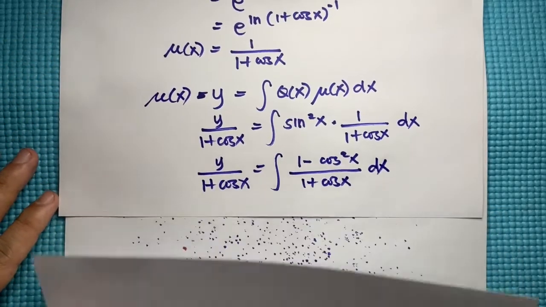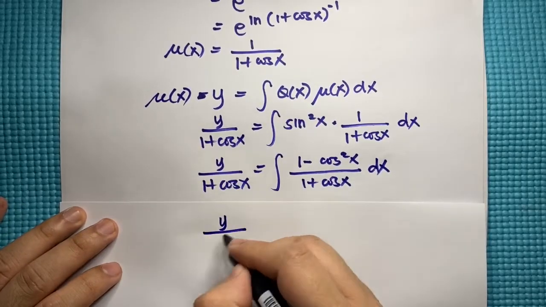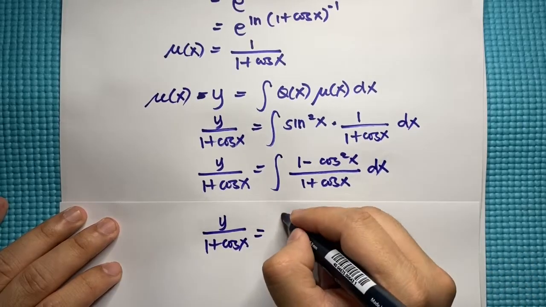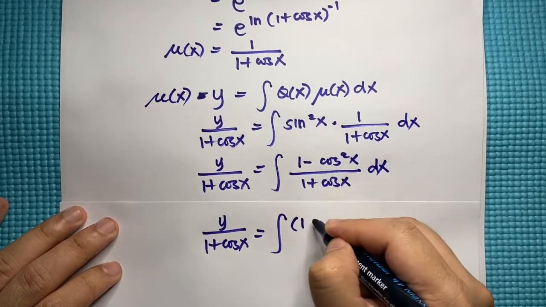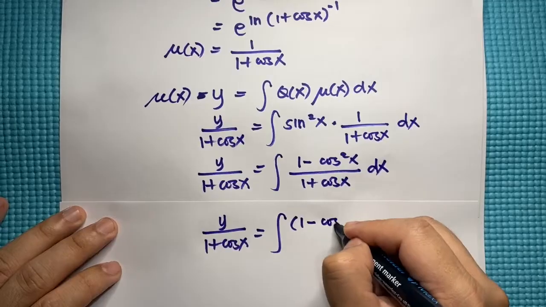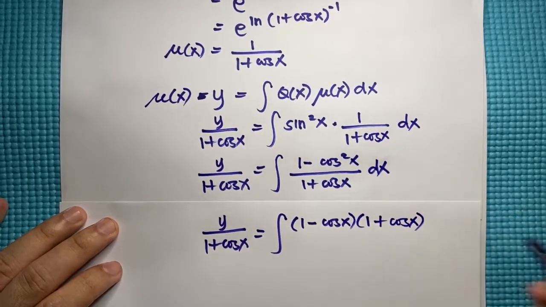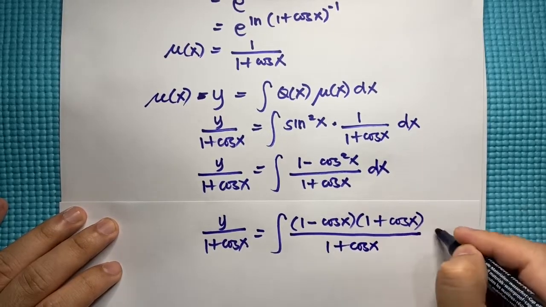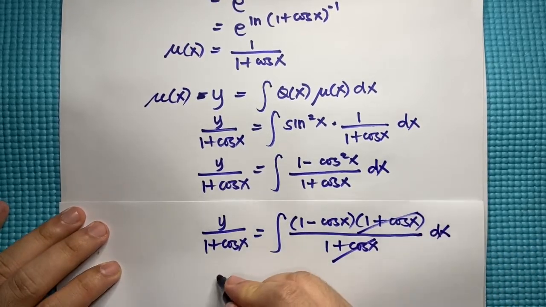And then, continuing our solution, y over 1 + cos x is equal to, we can factor using the difference of two squares. So this will be the same as (1 − cos x)(1 + cos x) divided by 1 + cos x dx. As you can see here, 1 + cos x would be cancelled out.